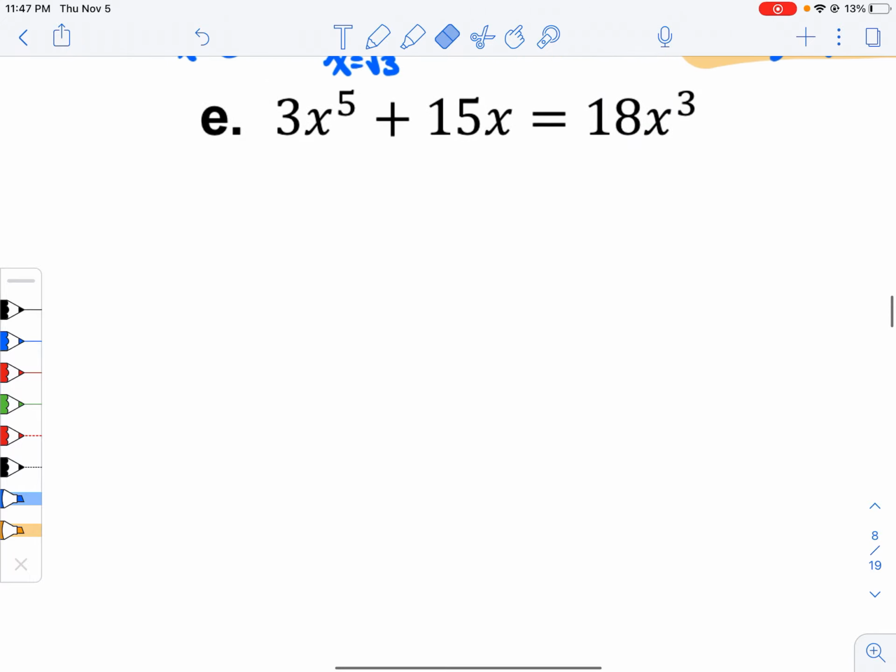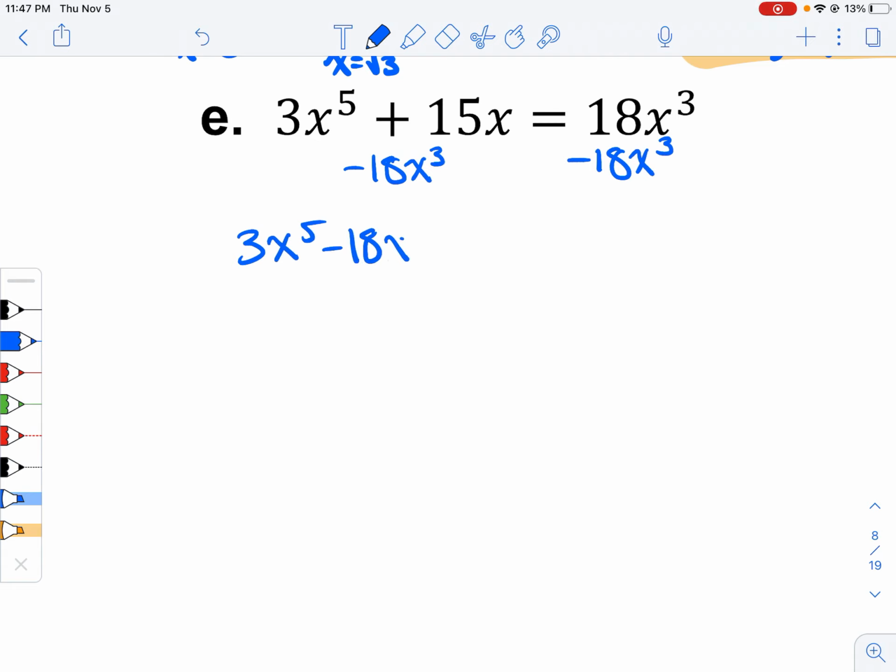So last one, let's just look at E together. Let's subtract 18x to the 3rd. So I have 3x to the 5th minus 18x to the 3rd plus 15x, all equal to 0.